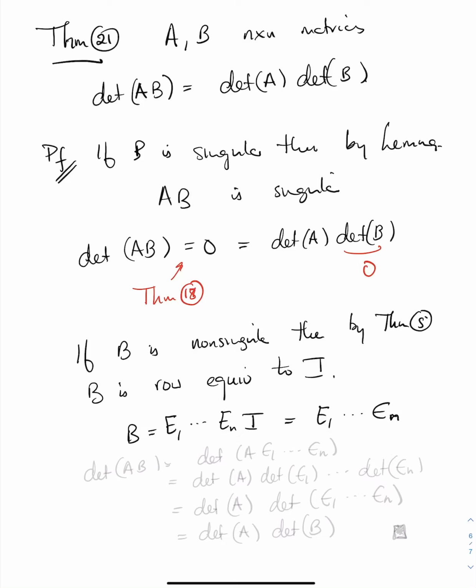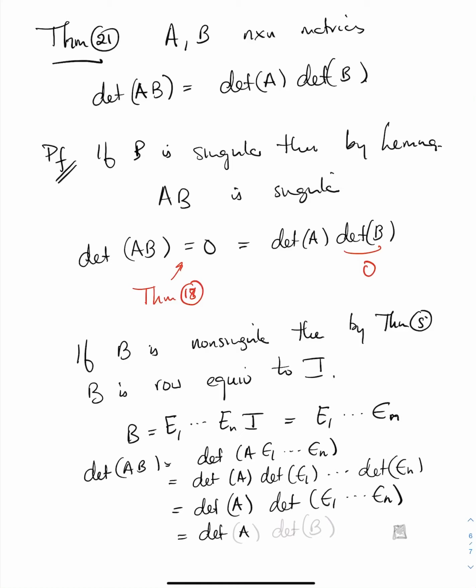So notice, the determinant of A times B is going to be equal to the determinant of A times E1 through En. Since these are elementary matrices, we can break this determinant up. However, this also means that we can put some of them back together. Which gives us the determinant of A times the determinant of B.